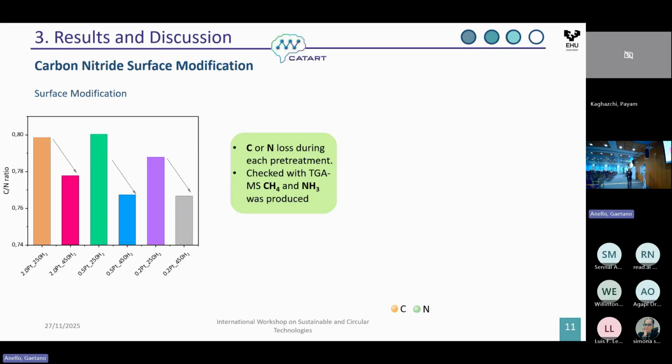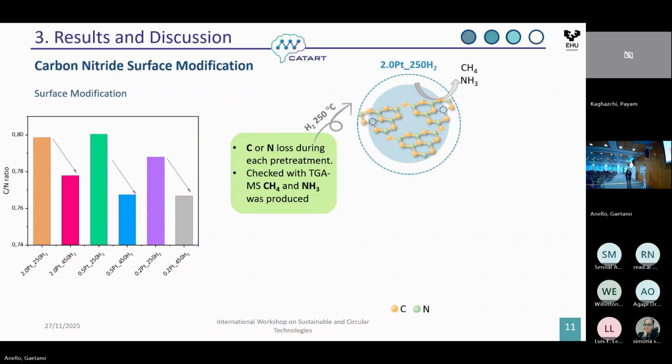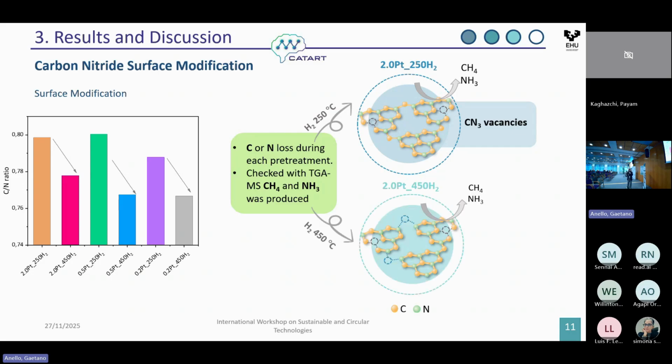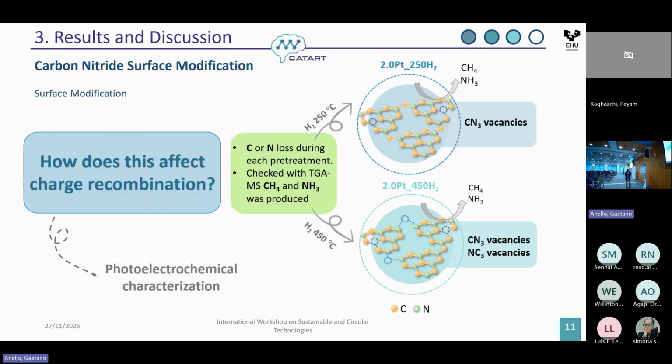And we saw that there was a carbon or nitrogen loss in it, because we saw that we were producing methane and also ammonia. This means that when we were treating at 250 degrees, according to literature, we are generating this type of vacancies on the material. And at 450, we were not only generating this type, we were also generating this.